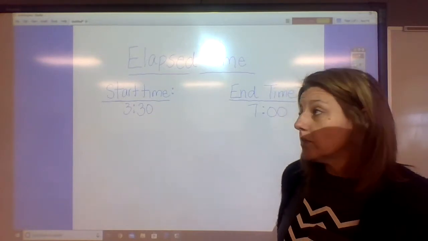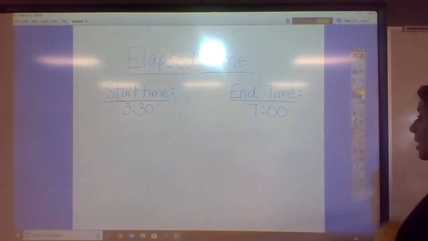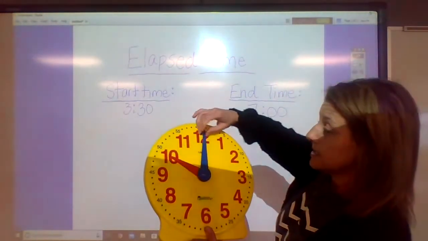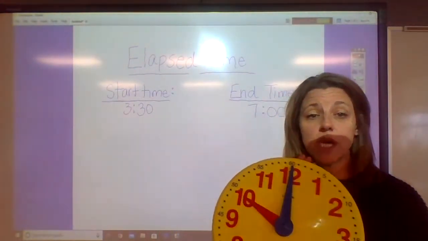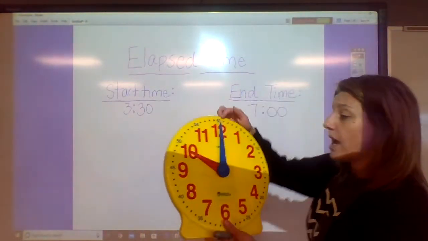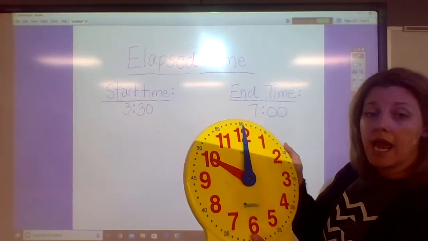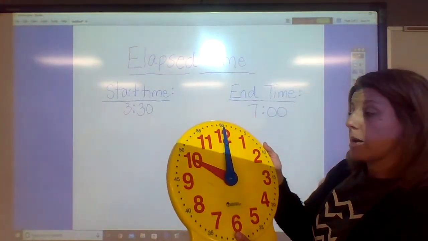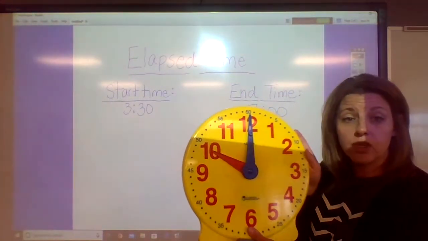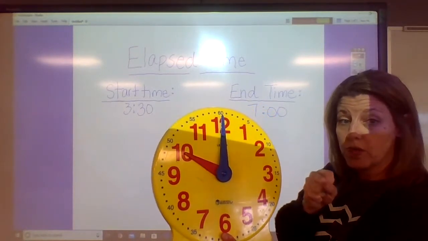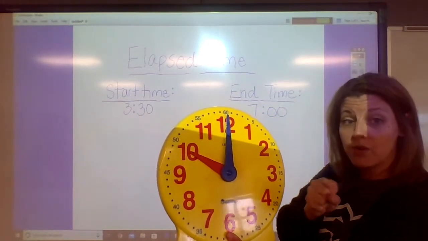Okay? If you are on a start time that was like, say, 10 o'clock, well, sometimes students say, Miss Cole, if I start at 10 and I end at 1, all I have to do is count 10, and then of course we don't count 10 when we're counting up.